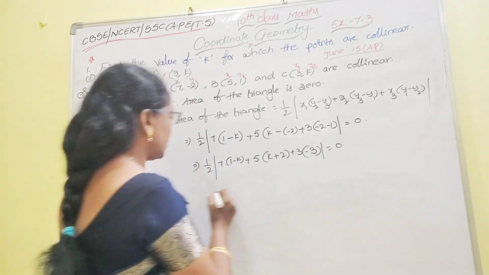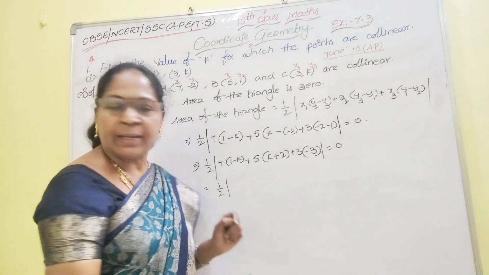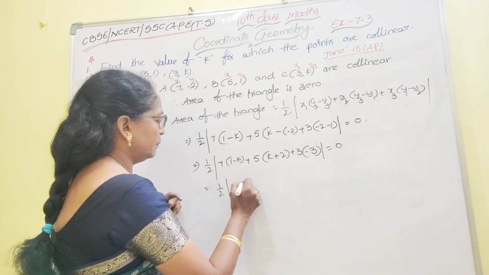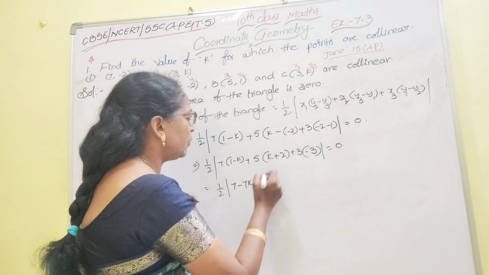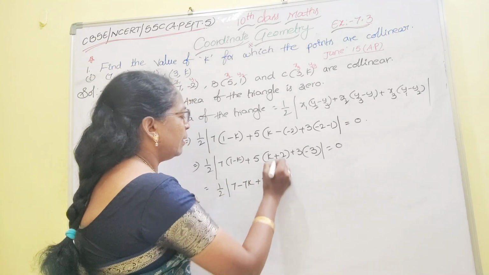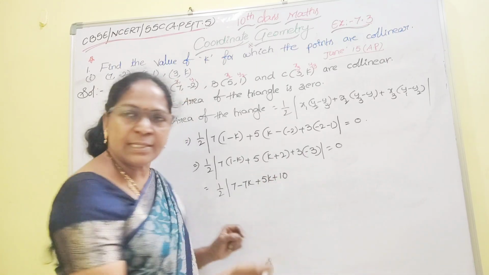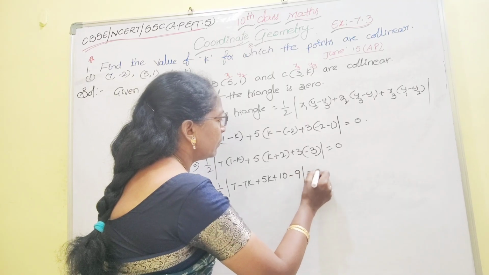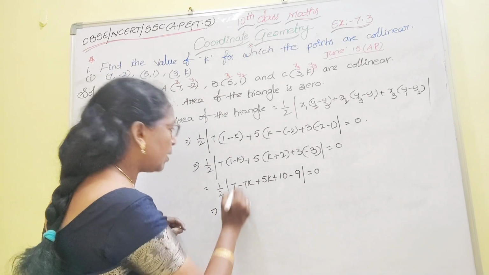equal to 0. Now half modulus 7 into 1 minus k: 7 into 1 is 7, minus 7 into k, 7k, plus 5 into k, 5k, plus 5 into 2, 10, plus minus 3 into 3, 9, that equal to 0. Implies half modulus.